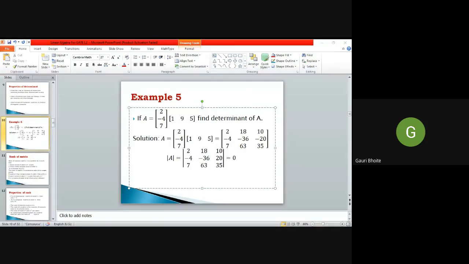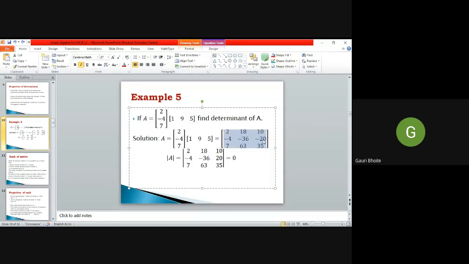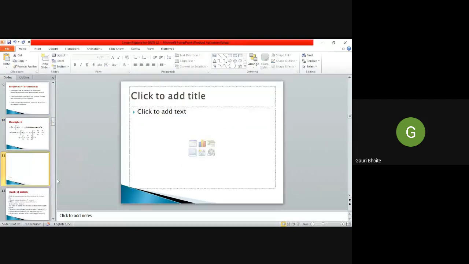Now suppose I give you one matrix of the type, a triangular matrix, and you have to calculate its determinant.